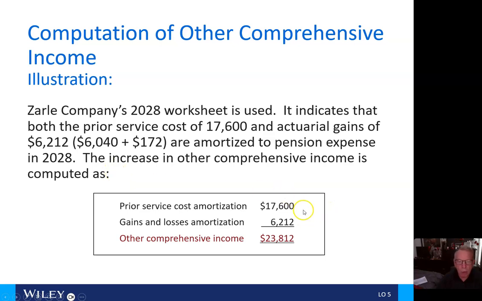So our prior service cost amortization, $17,600. The gains and losses amortization of $6,212 gives us a combined other comprehensive income of $23,812.